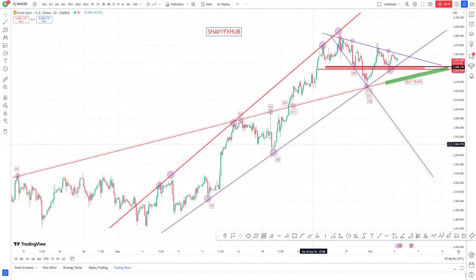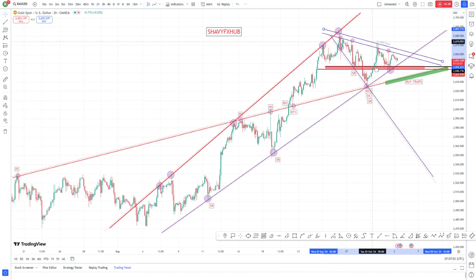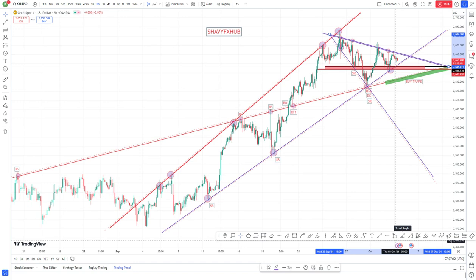So to the upside, price is playing at the roof. We've not had any clear break and close of a 4 hours candle above this roof. A break above this roof will be for the insertion of buying.